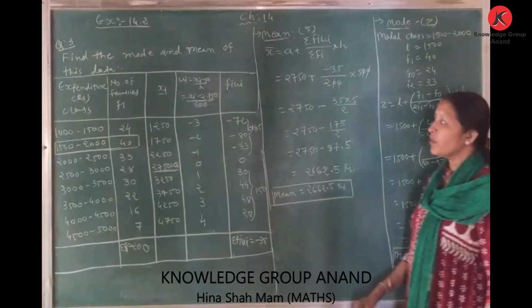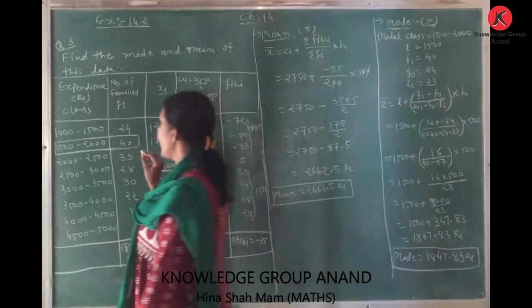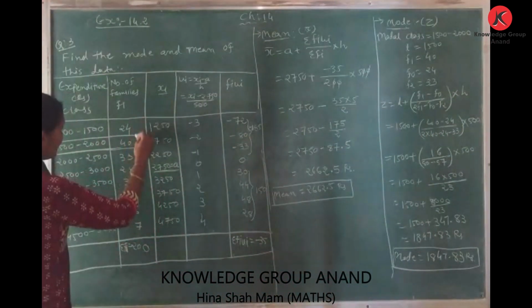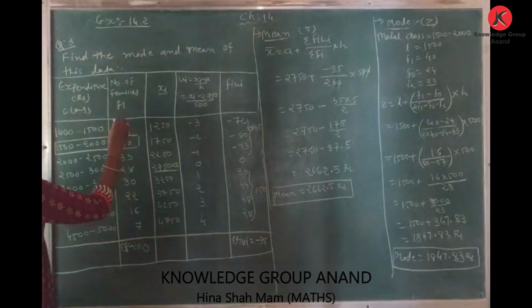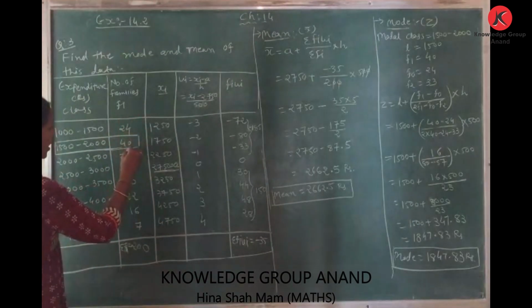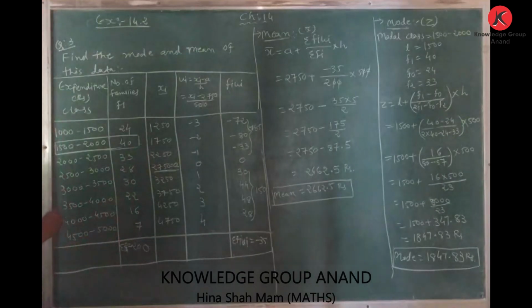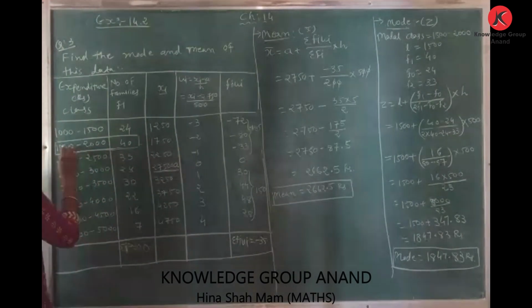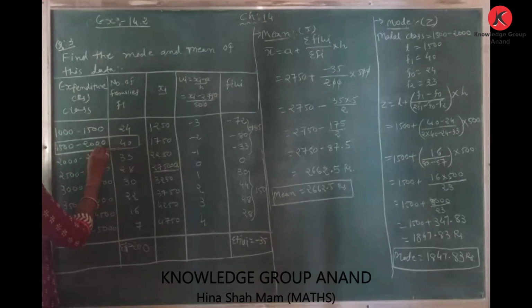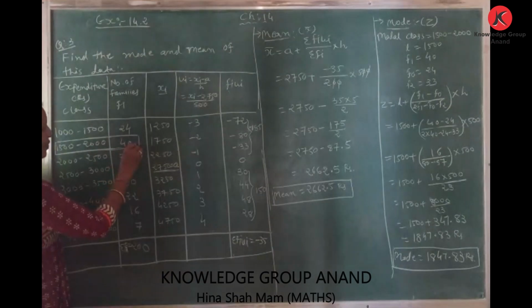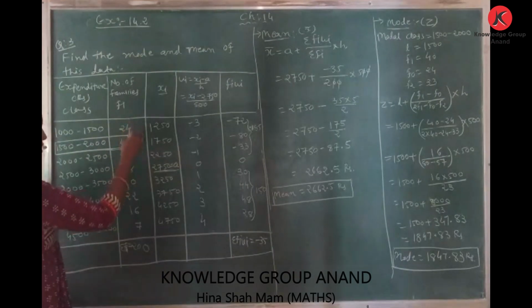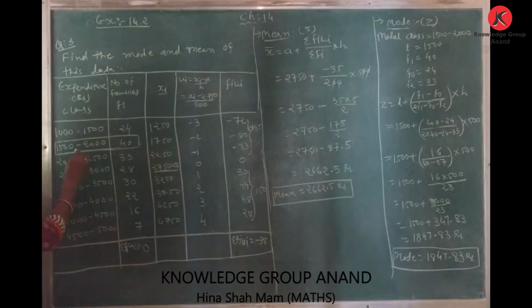Now we have to find the mode. First we find the maximum frequency in the frequency column. 40 is the maximum number. Therefore, our modal class is 1500 to 2000, because its frequency is 40, which is the maximum frequency.